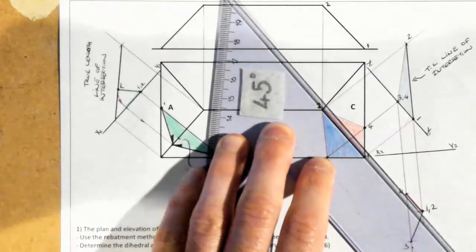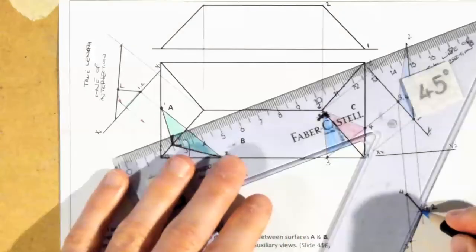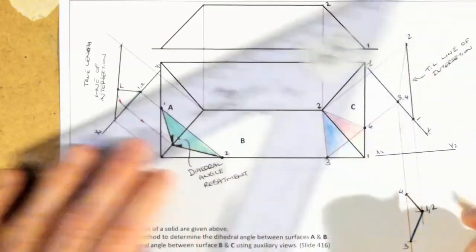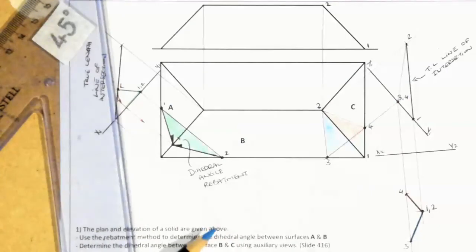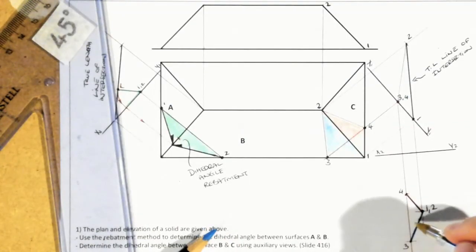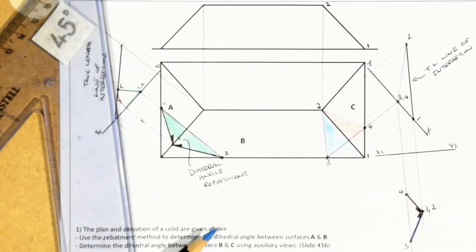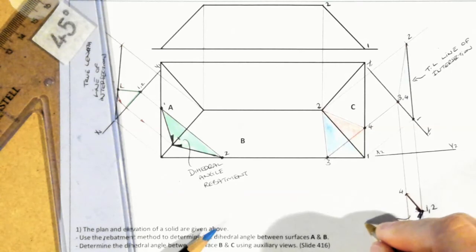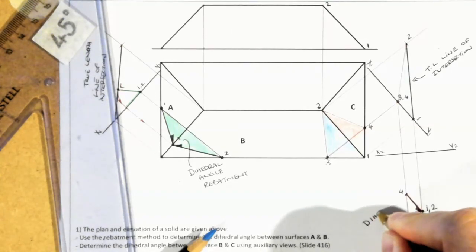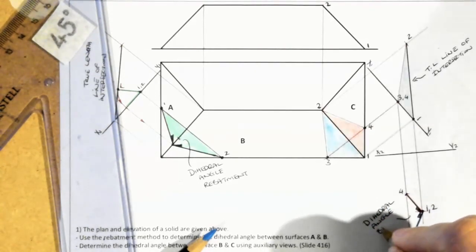What we have found in there is the dihedral angle, which, as I said before, is usually signified with these little arrowheads. So once again, the dihedral angle.